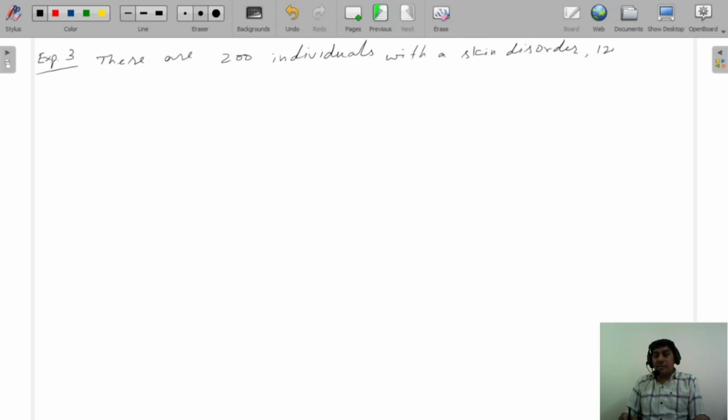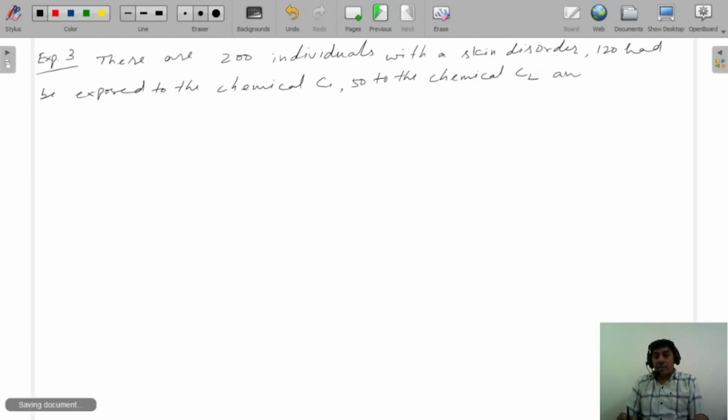One 20 had been exposed to the chemical C1, 50 to the chemical C2, and 30 to both chemical C1 and C2.